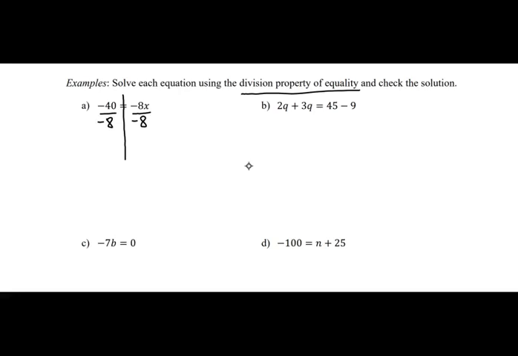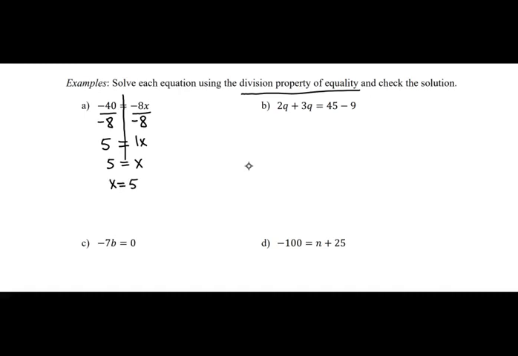-8 divided by -8 is going to give us 1x. On the left side of the equation, -40 divided by -8 is going to give us a 5. At this point, we can drop the 1 from x. So we're going to write 5 equals x, and then rewrite the answer in more traditional form as x equals 5.